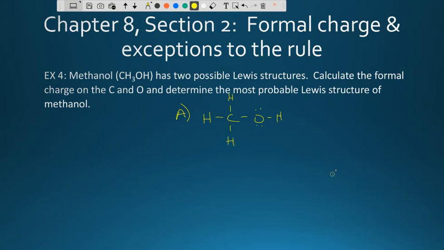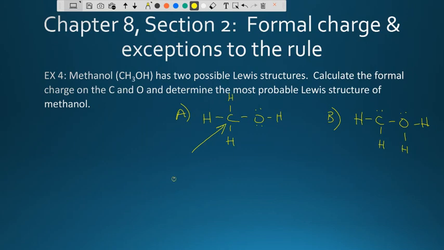And then my B option is going to be hydrogen with a carbon, and my oxygen, hydrogen, and hydrogen, and then one last hydrogen right here. So we've got all of these structures. The question is, even though these are both possible, which one is going to be more probable?